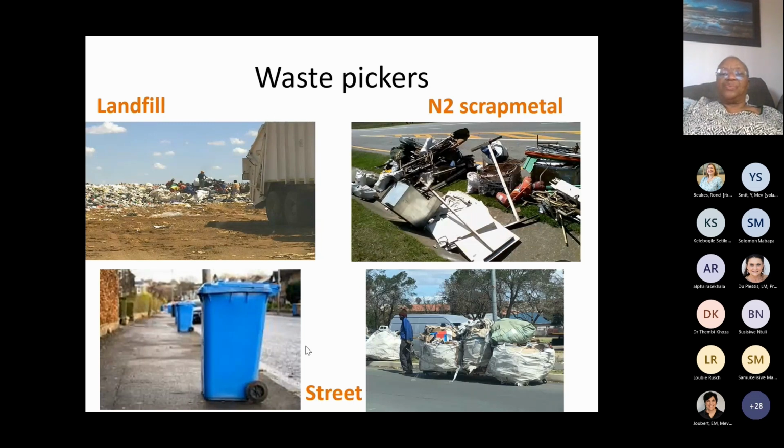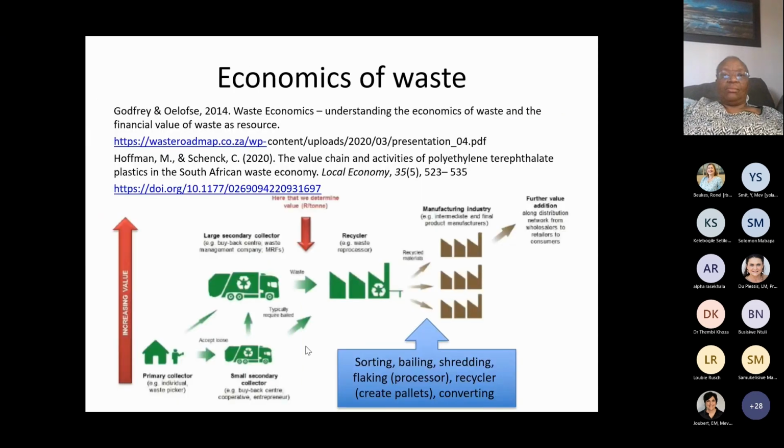Next slide. So there are two sources of reports on the economics of waste. One was reported by Linda Godfrey from the CSIR, and another one by Hoffman and Schenk.